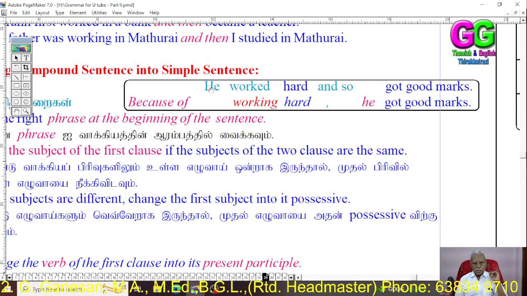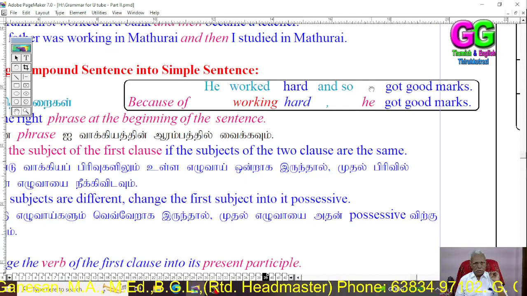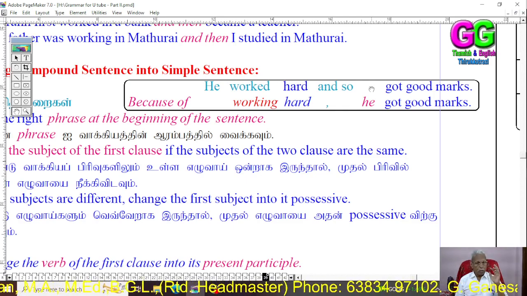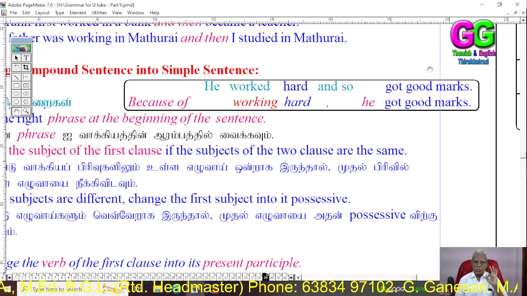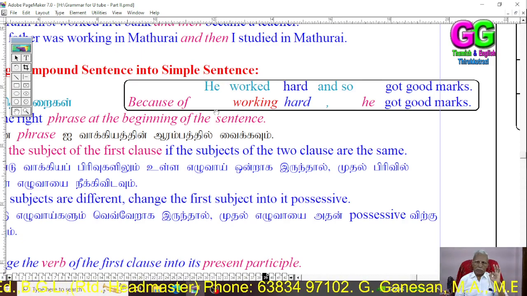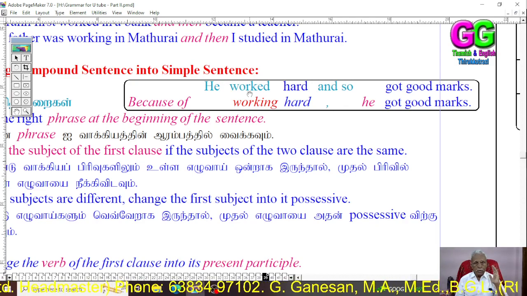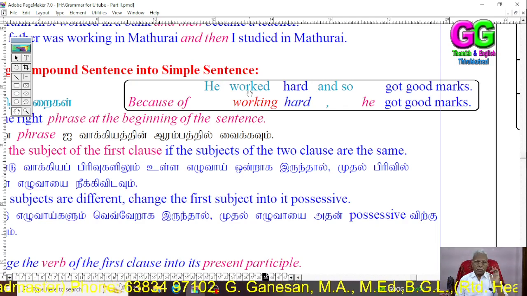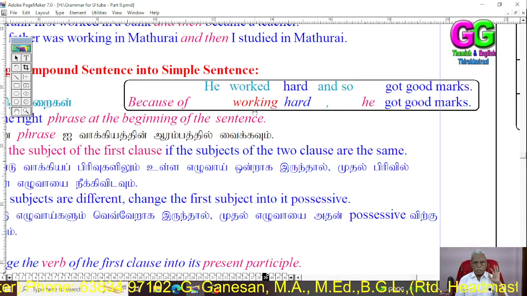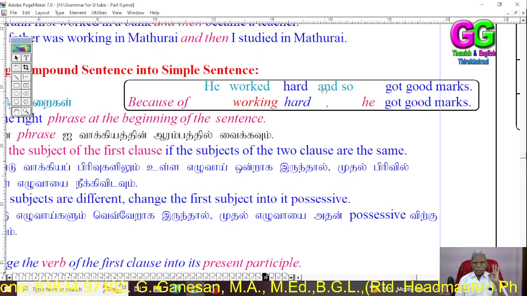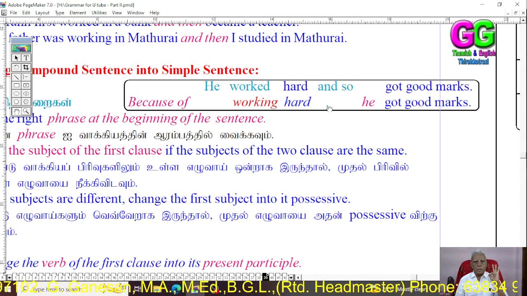Then, as the subject in both the clauses is the same, we have dropped it. Then, thirdly, the verb is worked, its present participle is working. Three changes. Then remove the compound conjunction and so and place a comma.